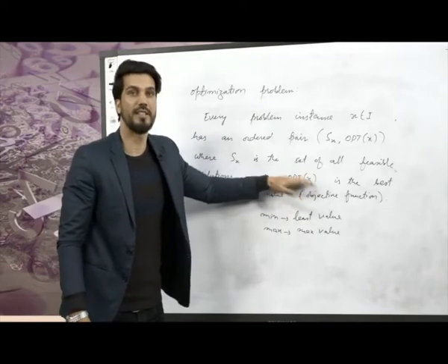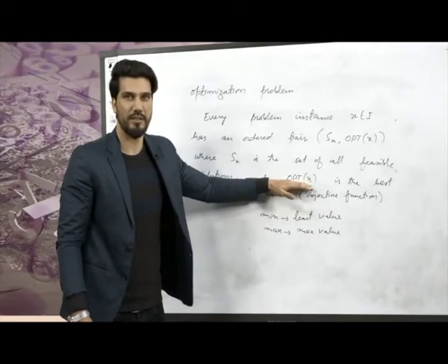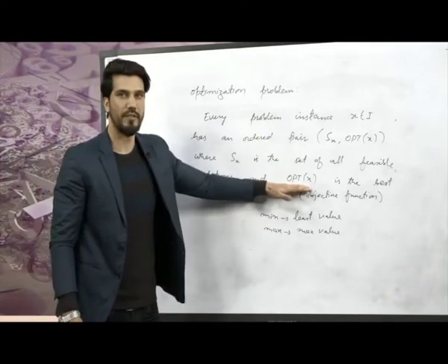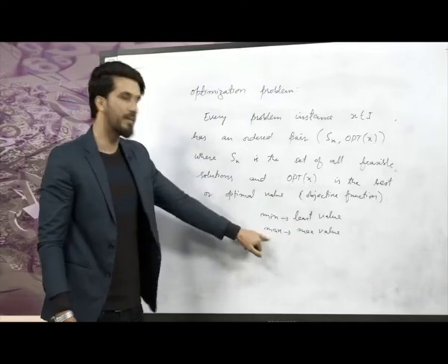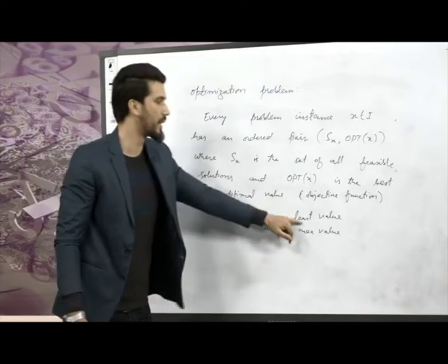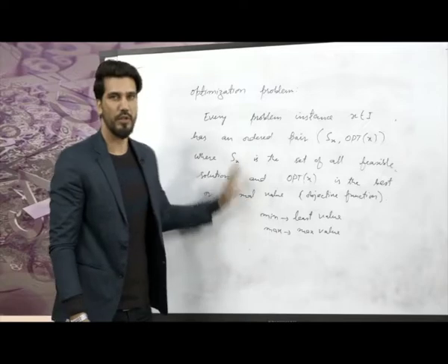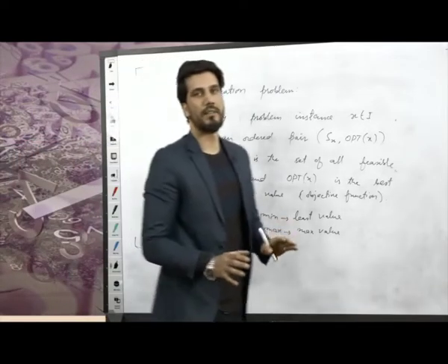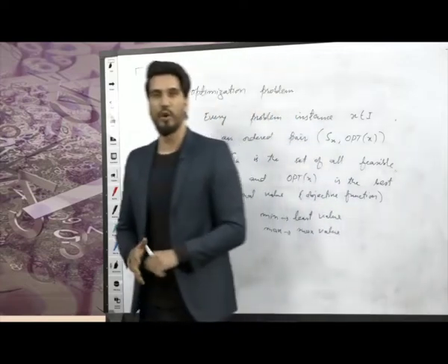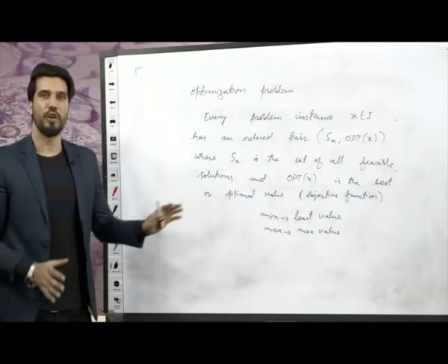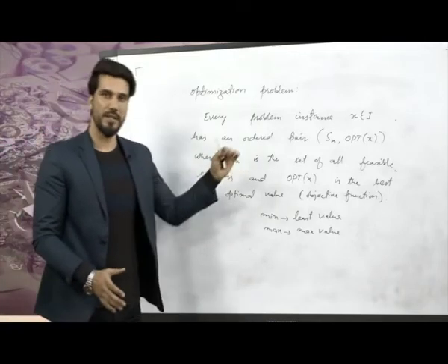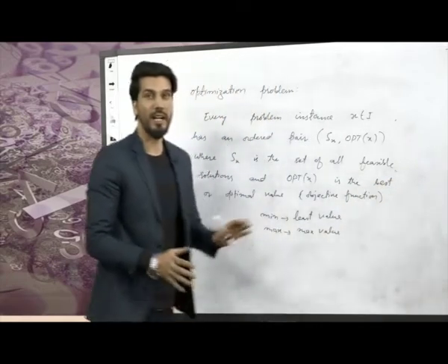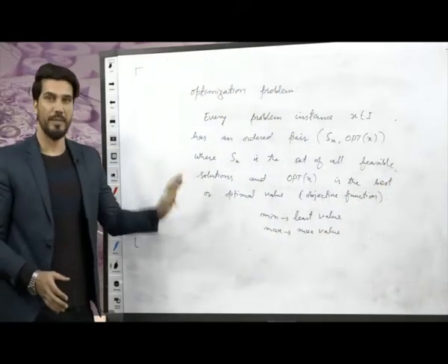For every optimization problem, we have to find this value, which is the maximum in case of maximization goal and minimum in case of minimization goal. In a nutshell, in optimization problems, we have to find the optimal value. It is the least value for the minimization case and the maximum value for the maximization case.